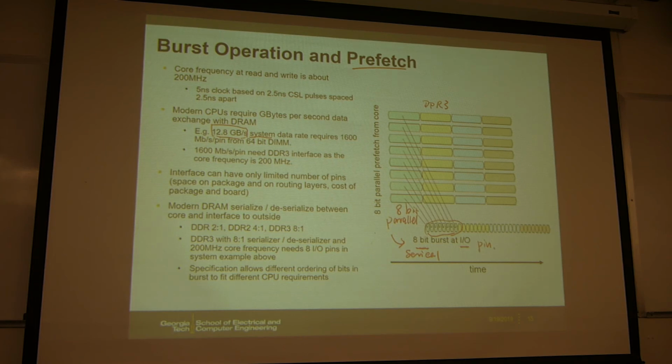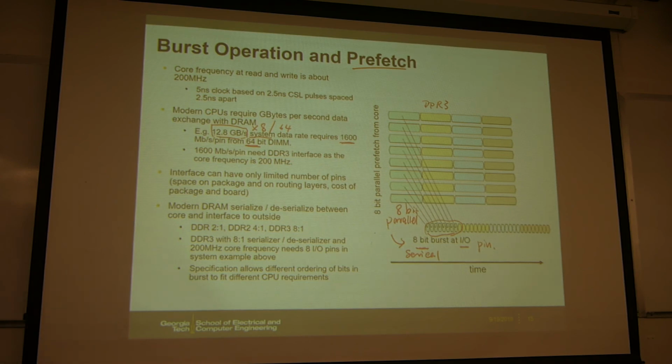And we know the DIMM typically has 64 pins, that means 64 bits on the data bus. So for 12.8 gigabytes, you need to times 8 to convert to bits, and then divide by the 64 pins. So each pin, you need 1600 megabits per second per pin. So this is the data rate you need from each pin.